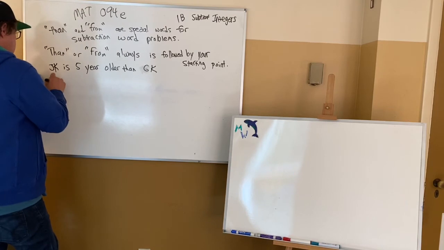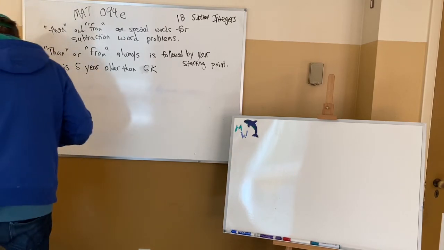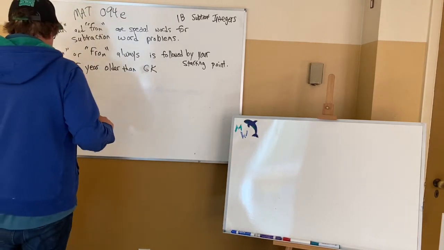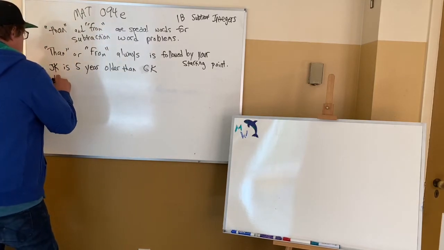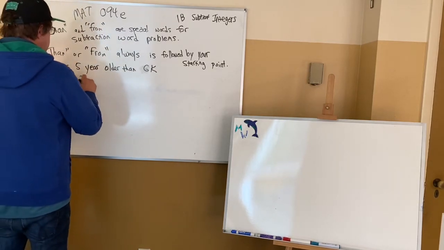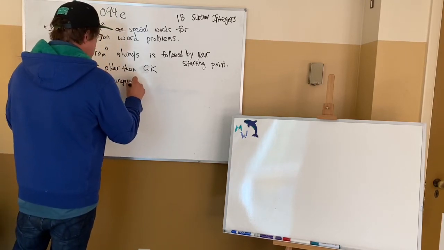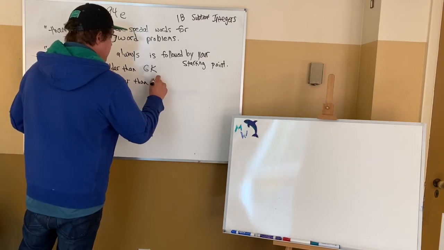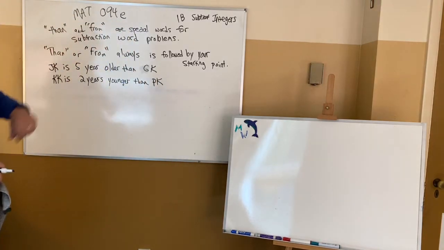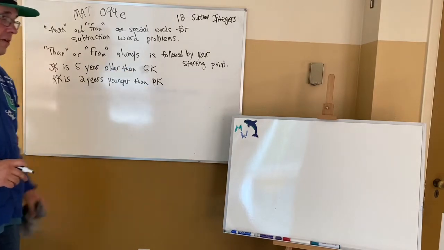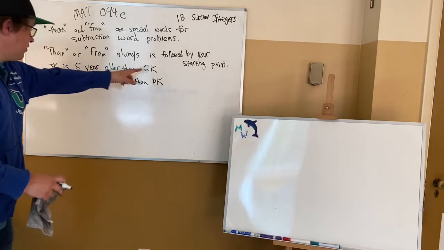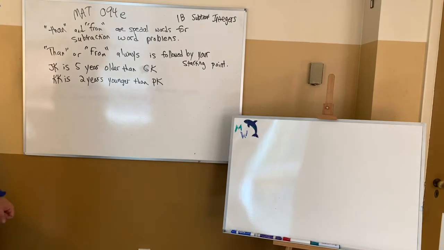Or this, let's say Kristen is 2 years younger than Paige. What we want to do is look at it and say the word than is followed by our starting point. So these are all K's: Jeff Knossos, Greg Knossos, Kristen Knossos, Paige Knossos. So we're just going to use the first letter in each one.